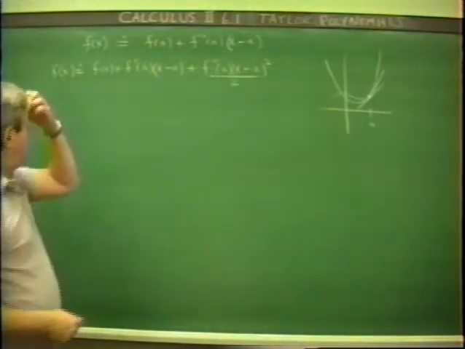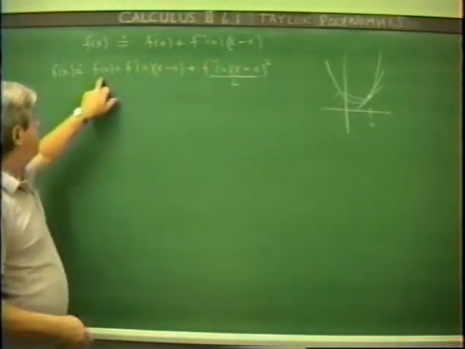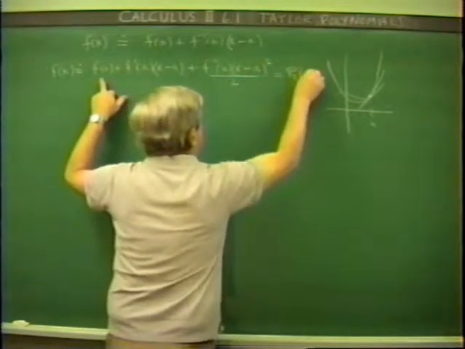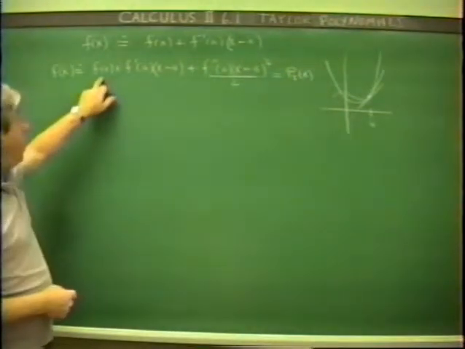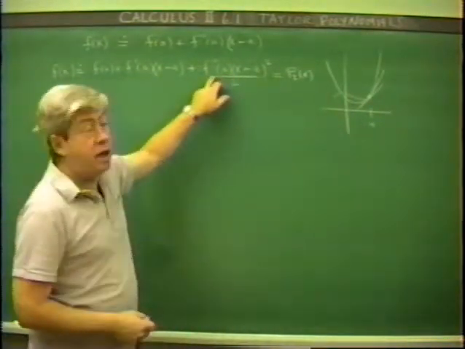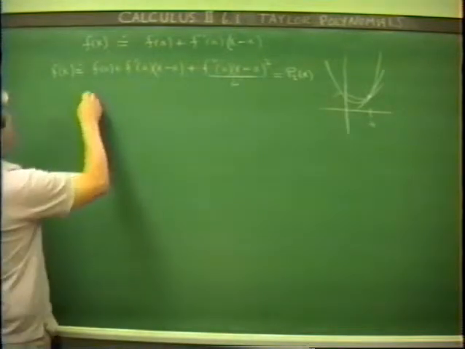Best in the following sense. This function right here, say p2 of x, has the same value as f does at a, the same derivative at a, and the same second derivative at a. You see that? Let's just compute here.